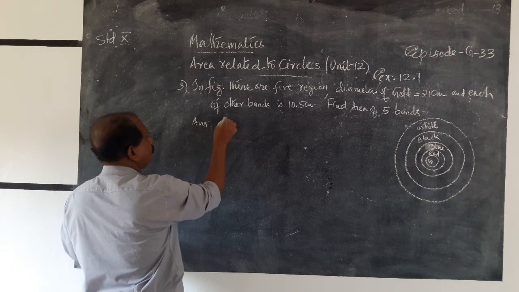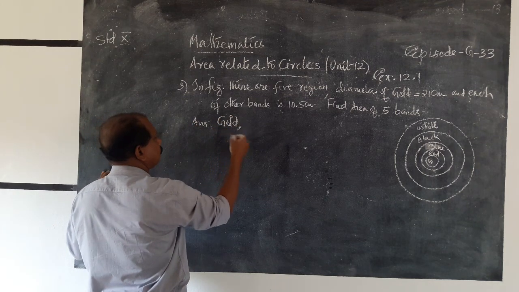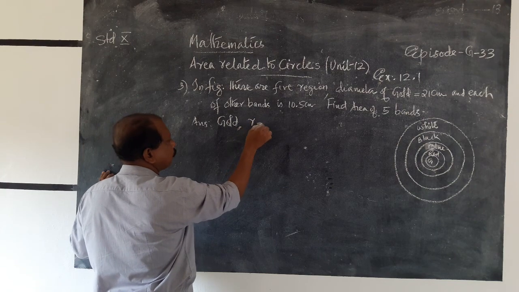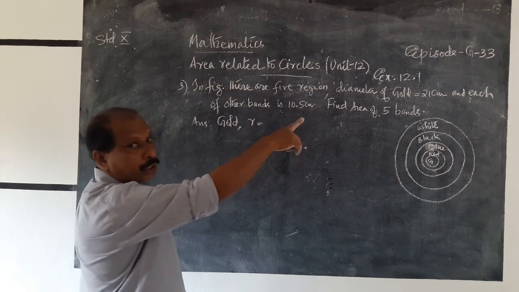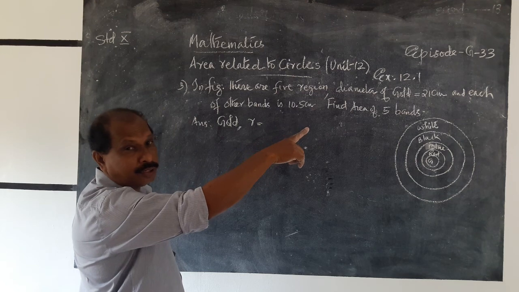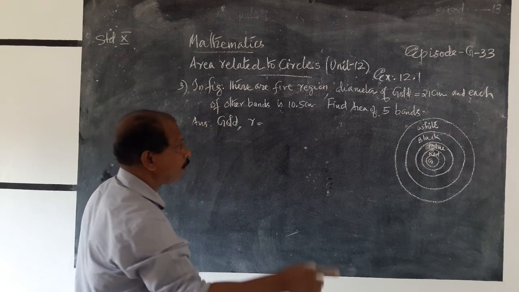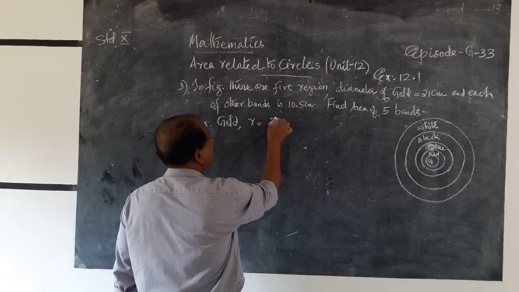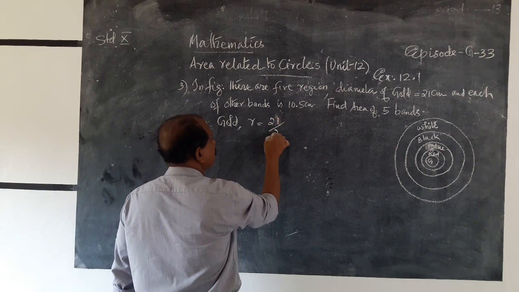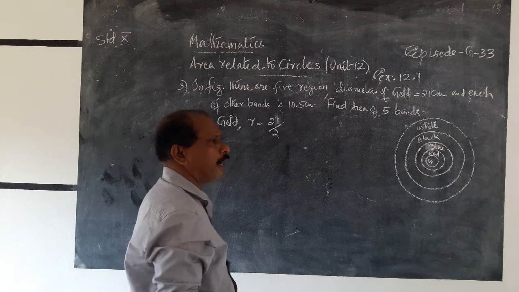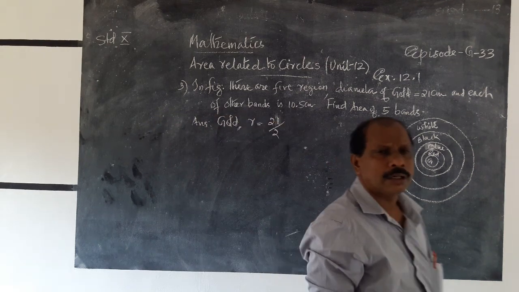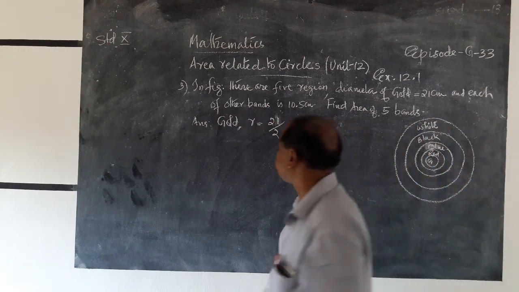Then the answer. Gold r is equal to how many? 21 centimeters diameter. Therefore, radius is equal to what? 21 by 2, which is 10.5. This one is given.